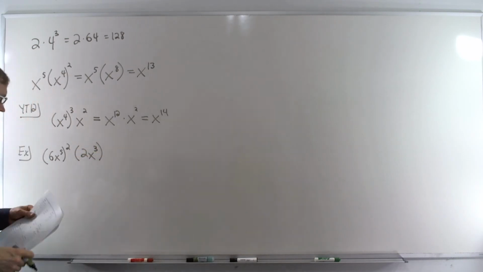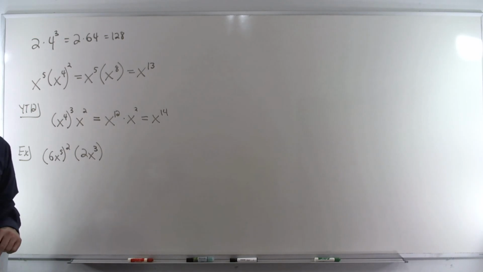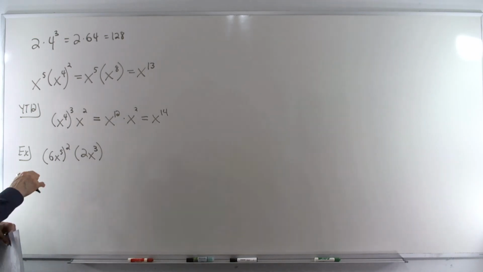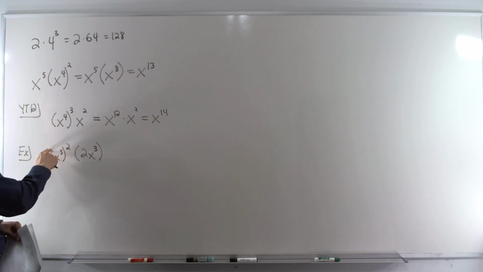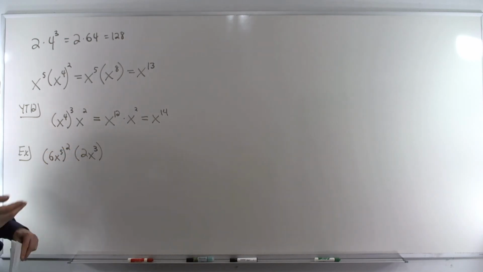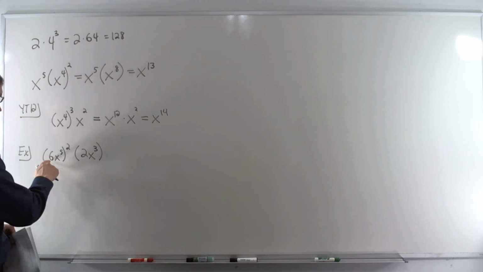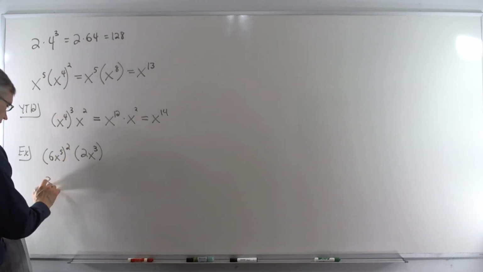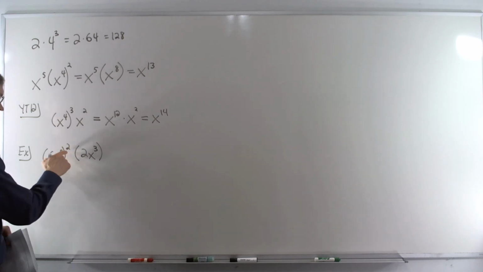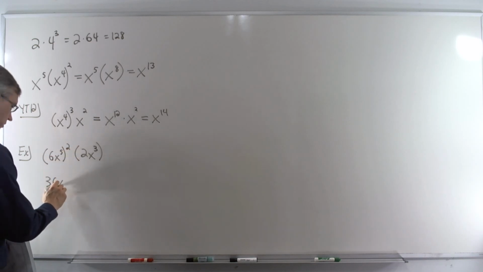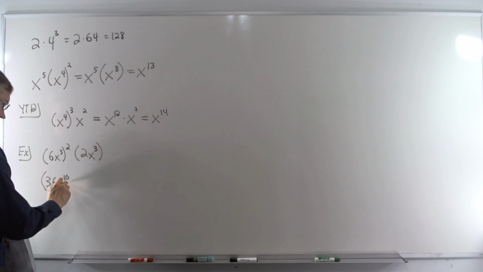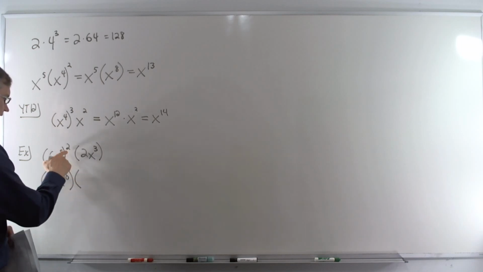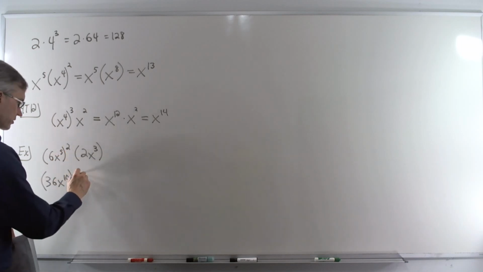Now we're going to start with the exponent again, but this time we've got two things inside the parentheses, so we need to make sure to apply that exponent to both the 6 and the x to the 5th power. 6 squared is 36. X to the 5th squared is x to the 10th. Multiply the exponents, 5 times 2. All right, so there's a simplified version of this exponential.